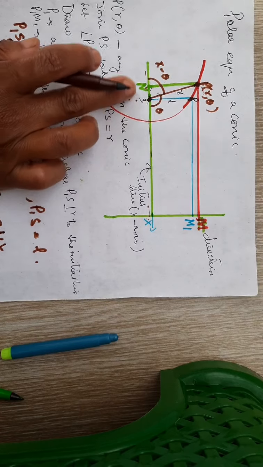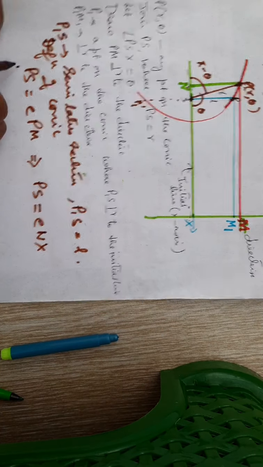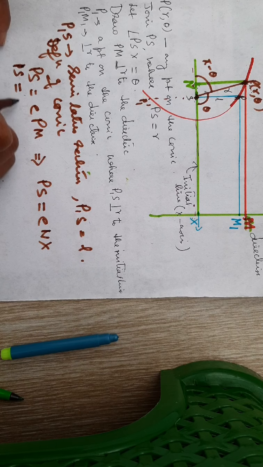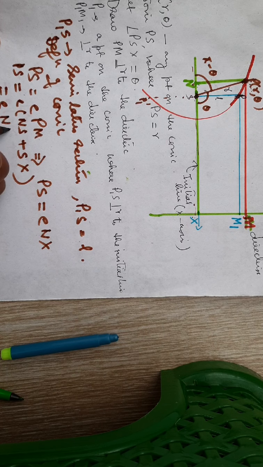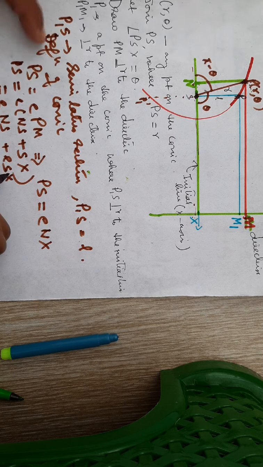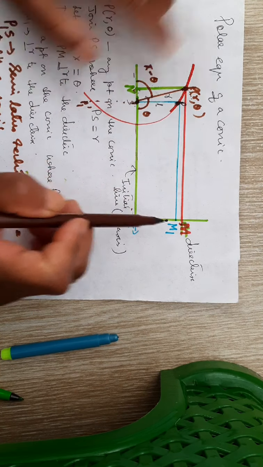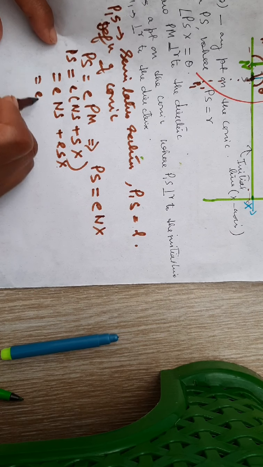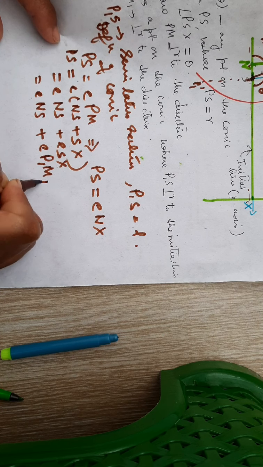But NX can be divided into NS plus SX. So you can write PS is equal to e times (NS plus SX). This is e times NS plus e times SX. What is SX? SX is the same as P1M1. So this is equal to e times NS plus e times P1M1.